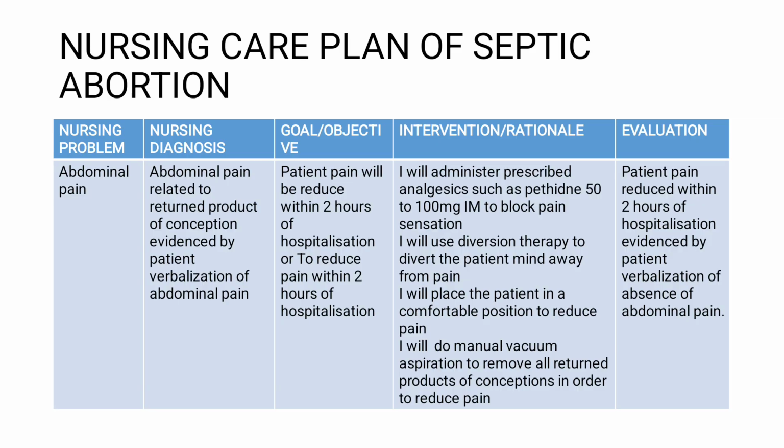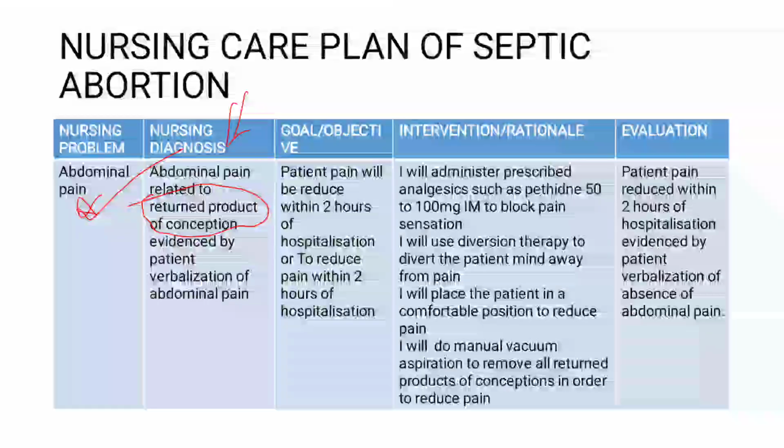The other problem that we can see in septic abortion is abdominal pain. And in terms of the diagnosis, we can say abdominal pain related to presence of retained product of conception, but in this case, the relation can also be related to inflamed uterine wall and evidenced by patient's verbalization of abdominal pain.